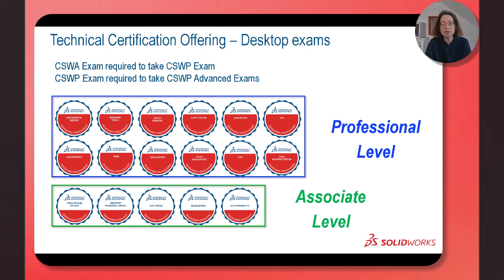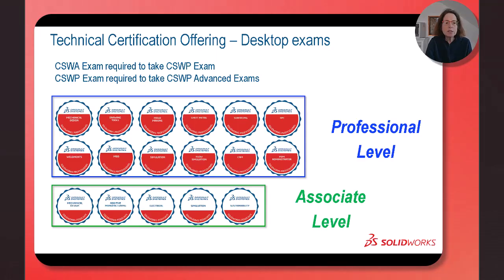So what kind of certifications do we offer? For SOLIDWORKS Design Desktop, we begin with the Certified SOLIDWORKS Associate exam, where students receive the first level credential. We also have a variety of exams in additive manufacturing, electrical, simulation, and sustainability.